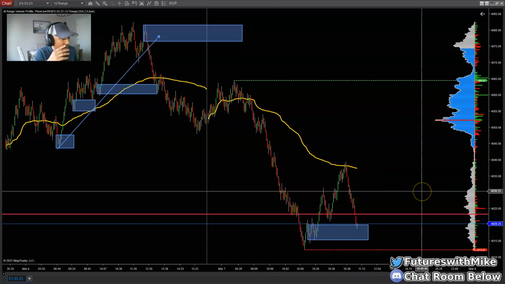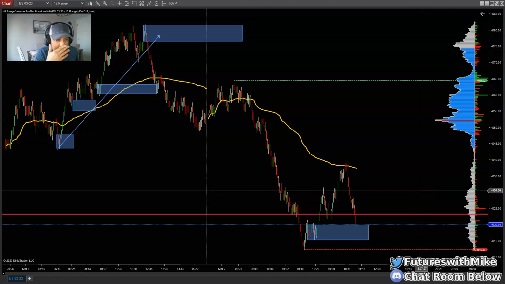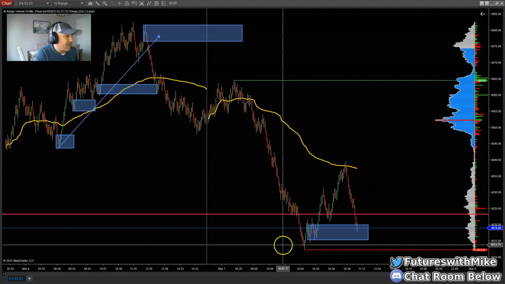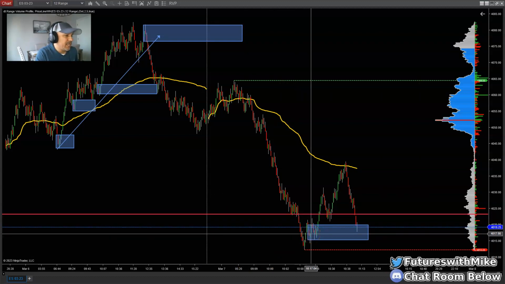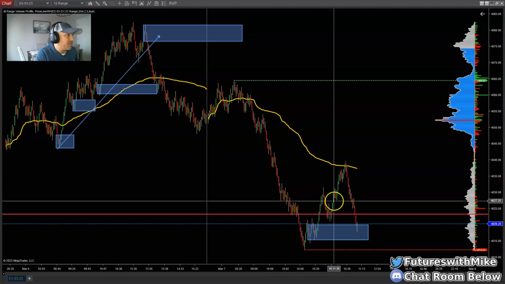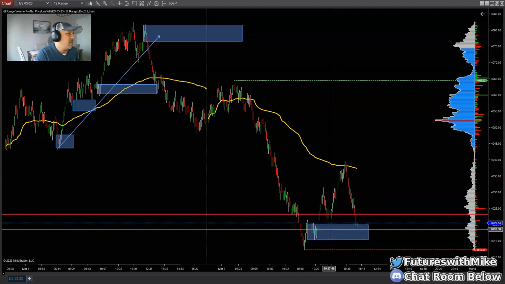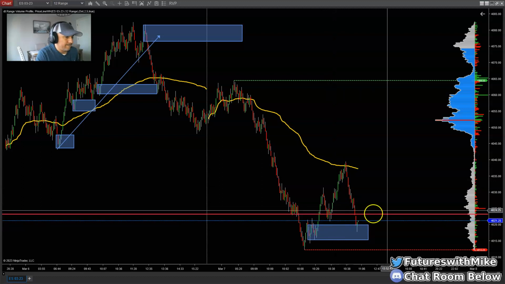Market's got good volatility this morning, so let's see if we can capture a little entry here. Again, we're trading off of a higher time frame supply zone off the 60 range chart, looking for rejection, and then a pullback to a key area of demand off of our 12 range chart.